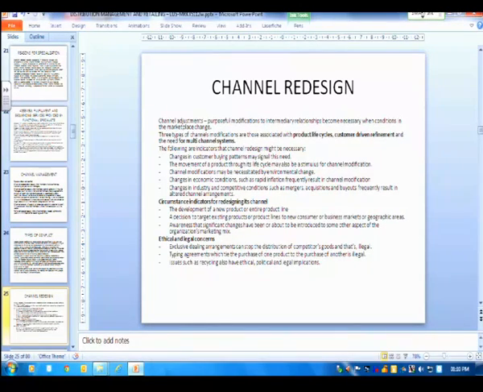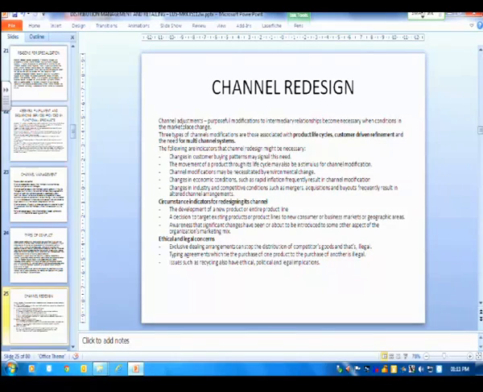The first one is changes in the customer buying patterns may signal this need. When you see that there are changes in the buying pattern of your customer, it signals channel redesign. Secondly, the movement of a product through its life cycle may also be a stimulus for channel modification. Thirdly, channel modifications may be necessitated by environmental changes.